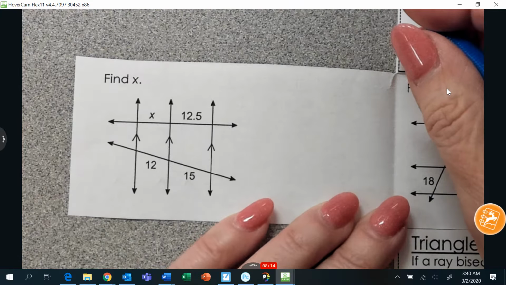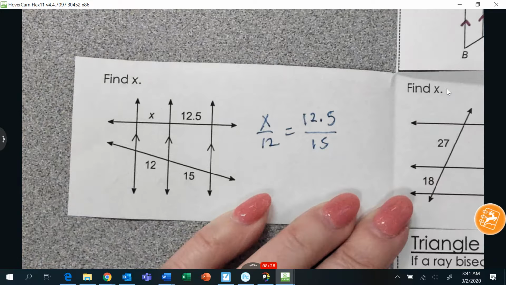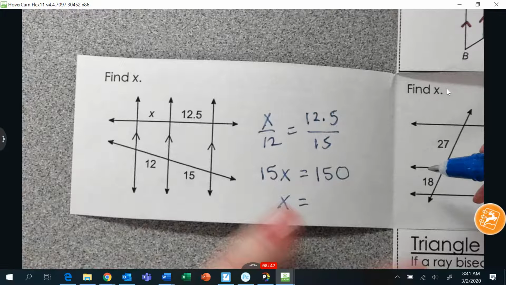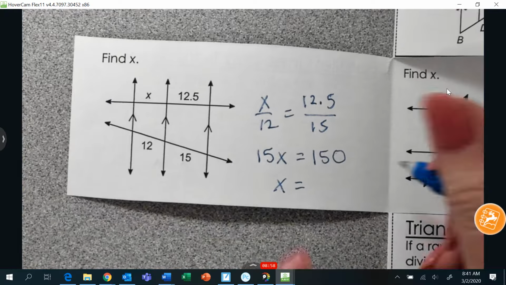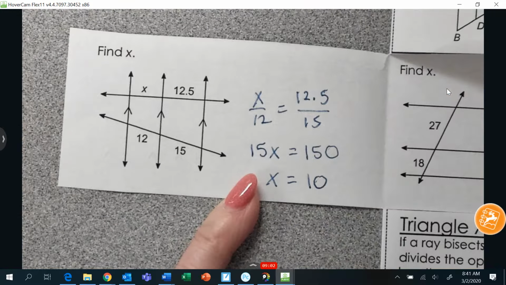Take a guess. X over 12. 10. Does that make sense for our situation?